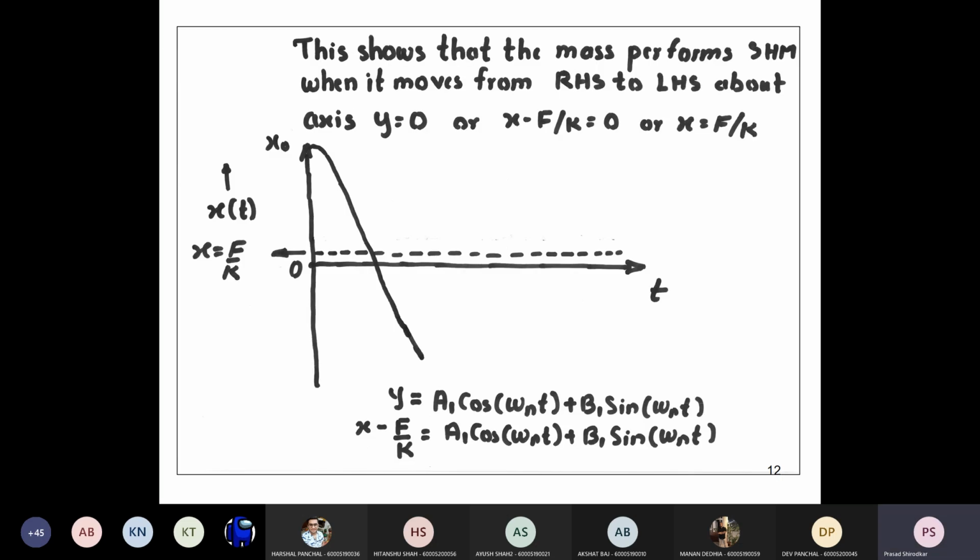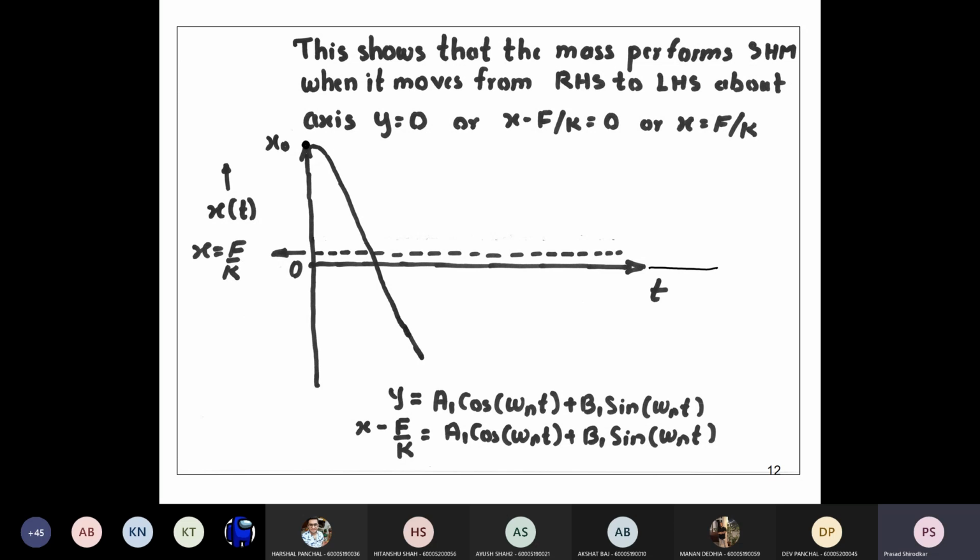Now let's plot the equation of the motion. The particle initially, that is at t is equal to 0, is at the extreme position x0, and now the simple harmonic motion is not about this axis. The axis is shifted to y is equal to 0.